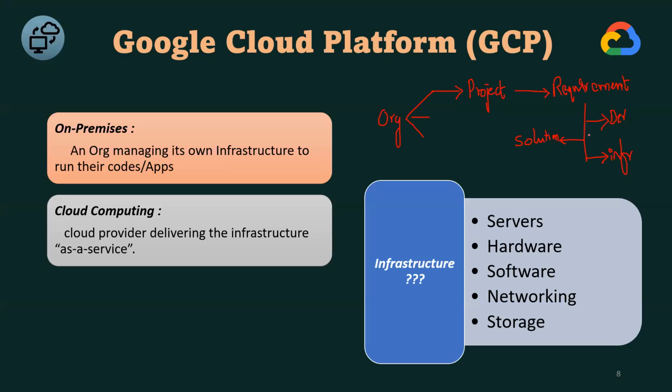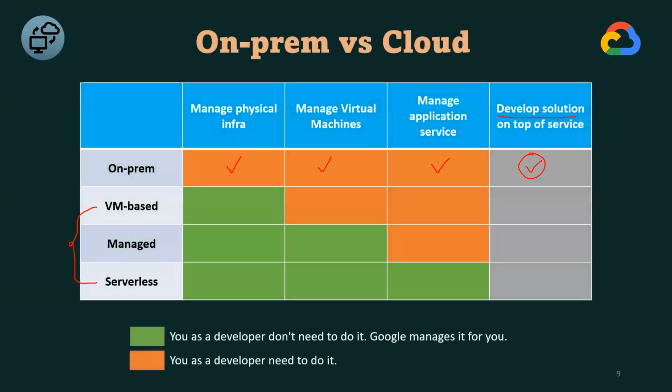In an on-premises working model, you have to take care of all of these things for the infrastructure. You have to buy your infrastructure and ship it to your own data center. You have to take care of the system configuration, network configuration, backup, and storage. If you need virtual machines, you have to create your own virtual machines.